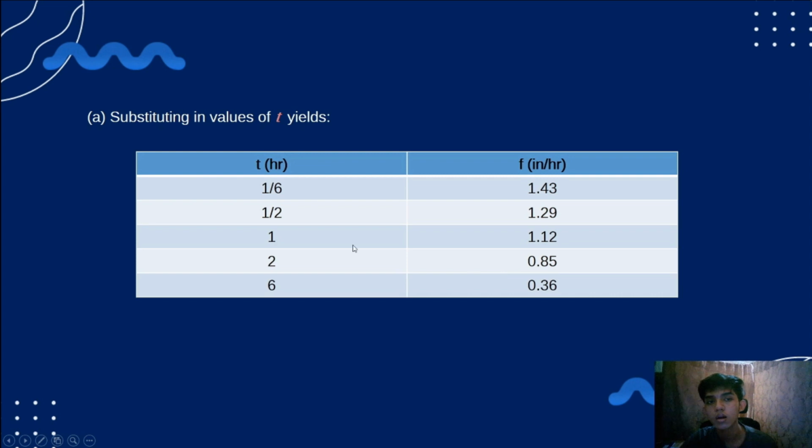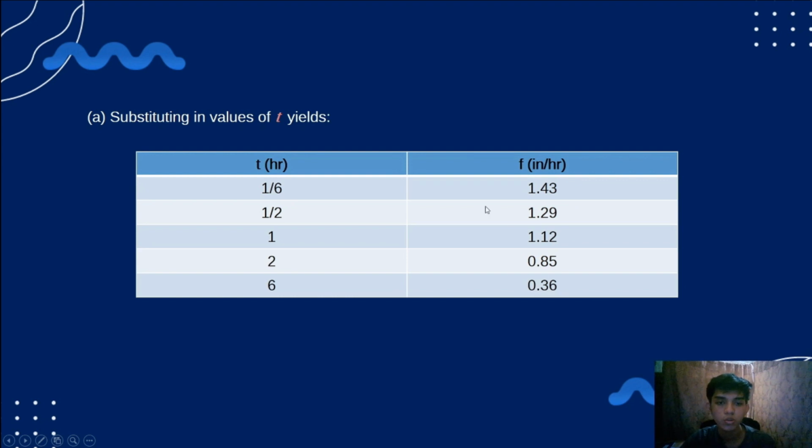We can see here the relation of these two: when the time goes up from 1/6 to 6 hours, the infiltration rate goes down. From 1.43 here, we can see that it goes down to 0.36.